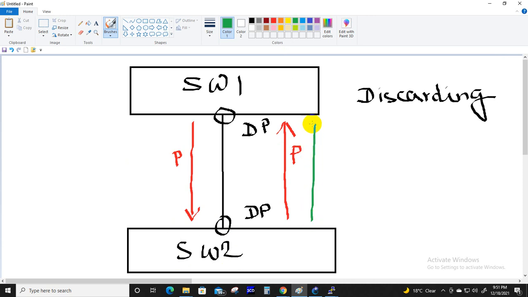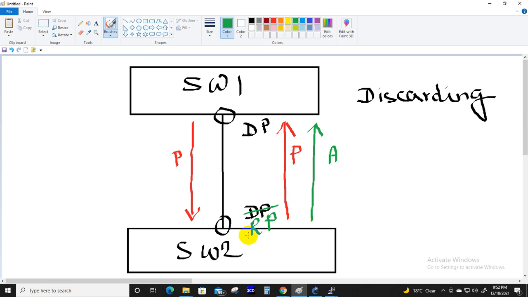What BPDU? Agreement BPDU. And makes its port from DP to root port. Clear? Yes, sir.